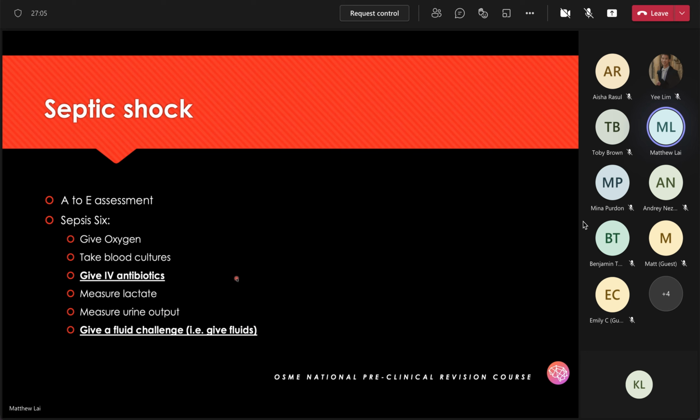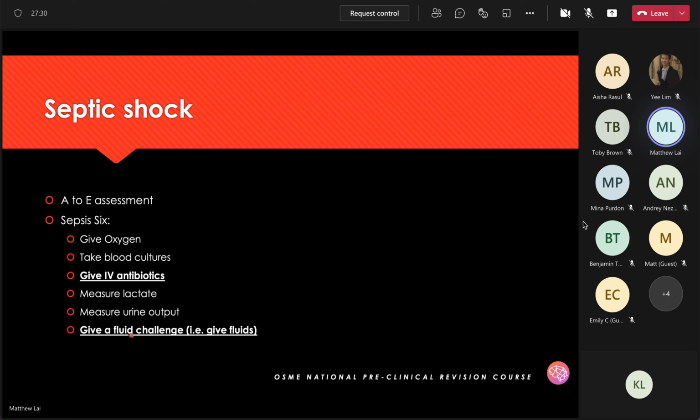So you're going to get help, you're going to do your A to E assessment, but where this differs is if you suspect sepsis, you're also going to do something called the sepsis 6. These 6 steps are all important, but you are going to give IV antibiotics because that's going to kill the bacteria, and you're also going to give fluids.